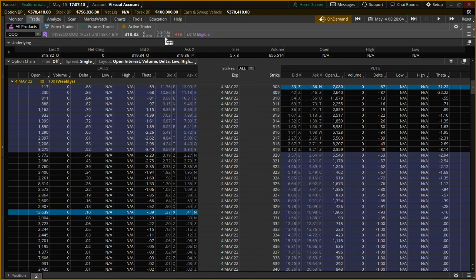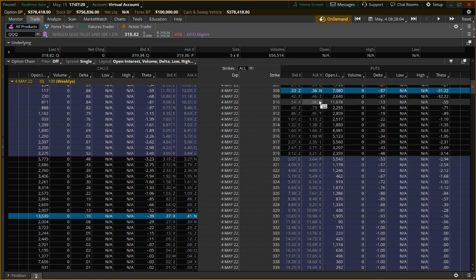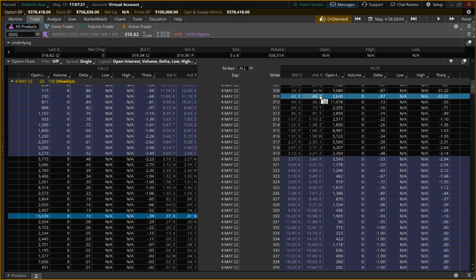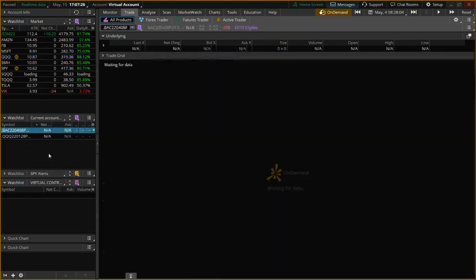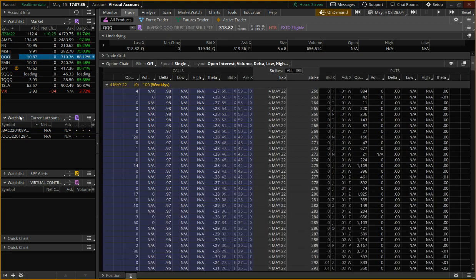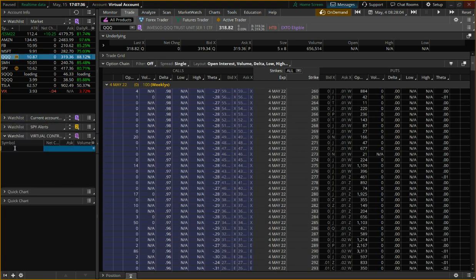Since it's 319, I am going to subtract 10, and that will give me 309. So I'm going to copy the 309 put, and I am going to place it on my contracts watch list. That's the wrong watch list.